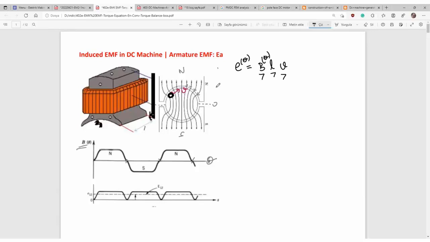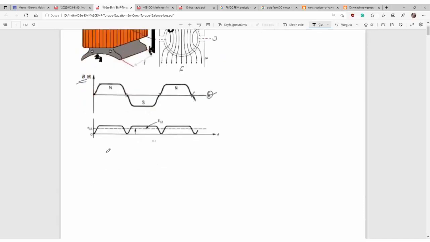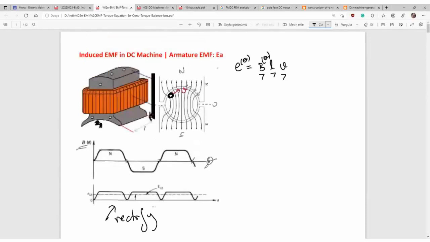But finally, we rectify the voltage, because we want to induce electromotive force in DC. We want DC voltage. DC voltage is measured by its mean value, mean or average.